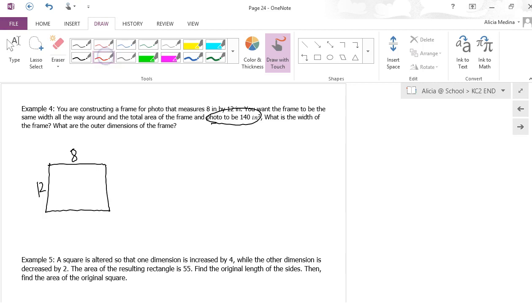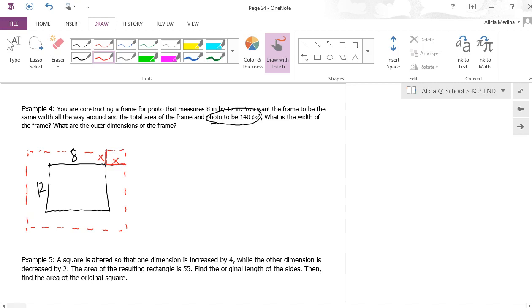So what I want to do, though, is I want to make sure that I'm adding a frame around my picture. So, and the width all the way around my frame is going to be the same distance. So what that means then is that this length right here from the picture to the frame is an x, and this length from the corner of the picture to the frame in this direction is also an x.